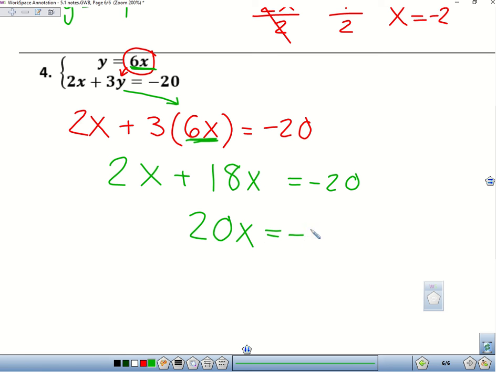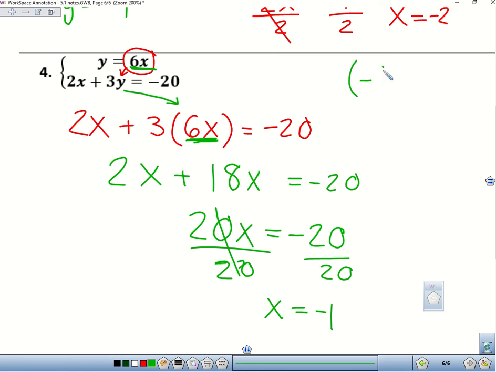So 20x is equal to negative 20. So what times 20would give me negative 20? Negative 1. Divide both sides by 20. Negative 20 divided by 20 is negative 1. So my coordinate is negative 1 comma something.